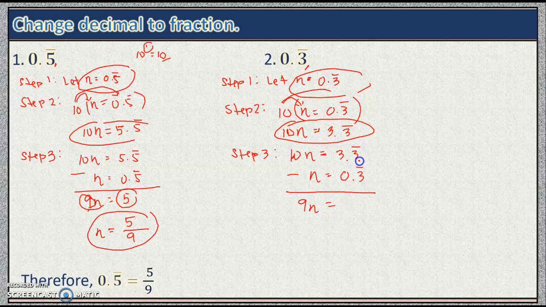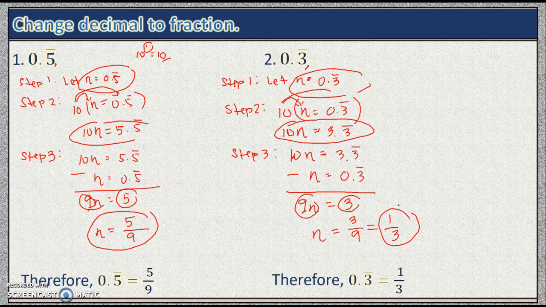Then 3.3 with bar minus 0.3 with bar is 3. So n is, multiply both sides by 1 over 9, so it is 3 over 9. Then simplify. Always express your answer in simplest form. So it is 1/3. Therefore, 0.3 with bar above is 1/3.